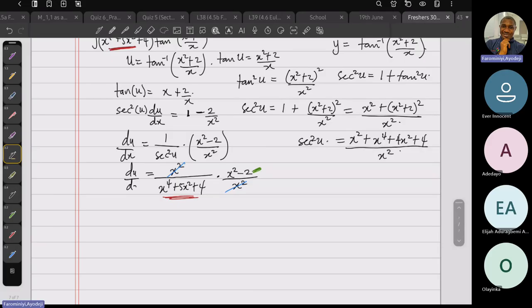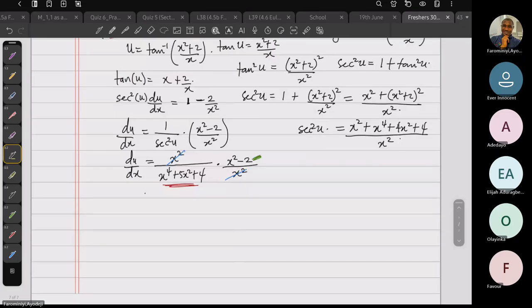then we know that dx is equal to, say, turn it upside down, x raised to power 4 plus 5x squared plus 4 over x squared minus 2 du.